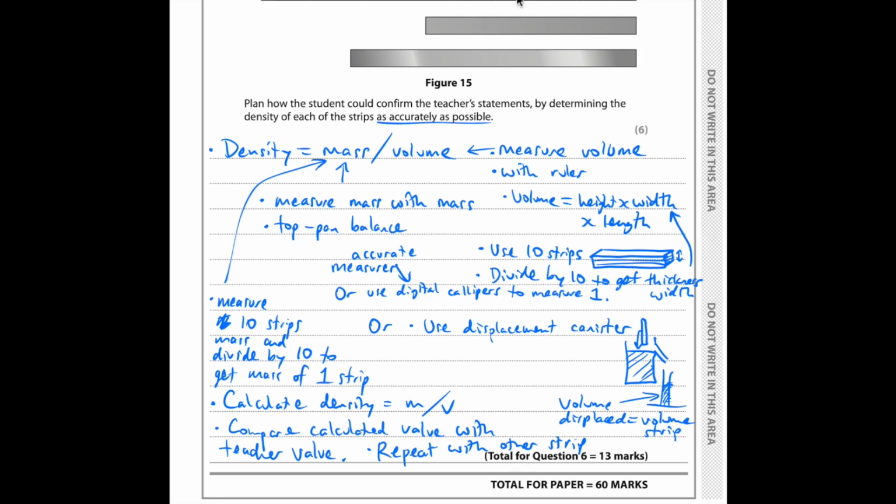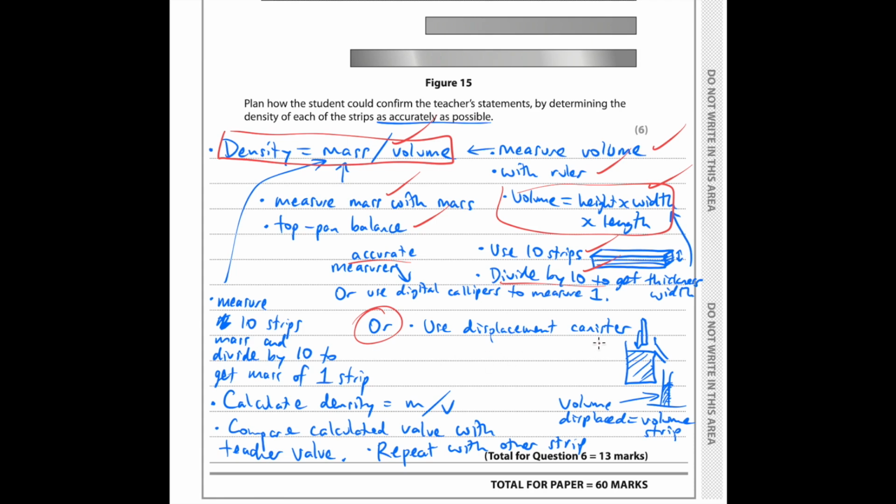So you can get a mark for that. I know I've put it down here as well. You get a mark for saying measure volume with a ruler, and the equation for the volume. Measure the mass with the top pan balance. To get it accurately, we've said use 10 strips if you wanted, but make sure you say divide by 10 if that's the case.